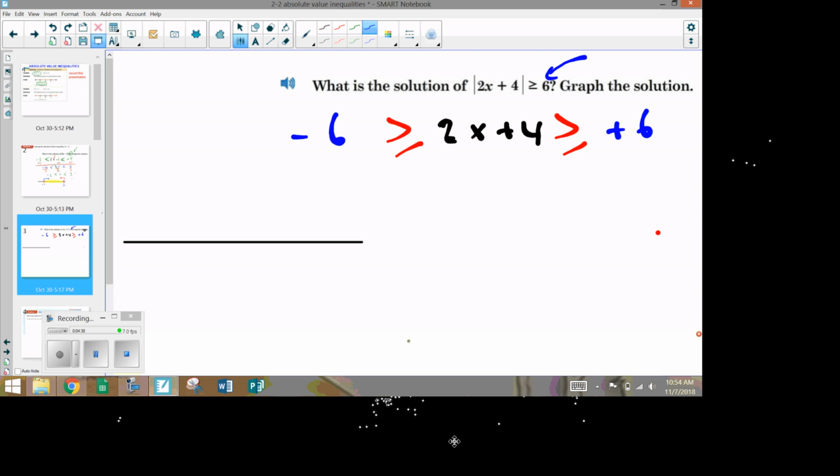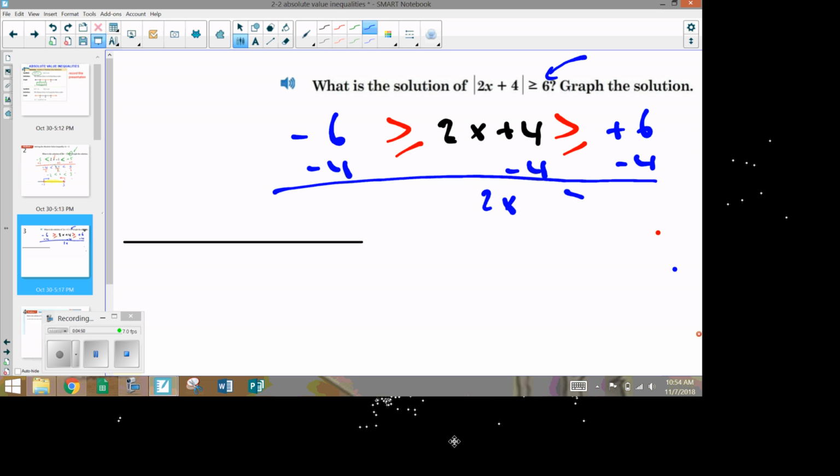Does that make sense? So we will subtract 4 first from each side. Then they will cancel out. 2x, they cancel out. Keep the signs as they are. 6 minus 4 is equal to 2. Negative 6 minus 4 is equal to negative 10. What is the next step?